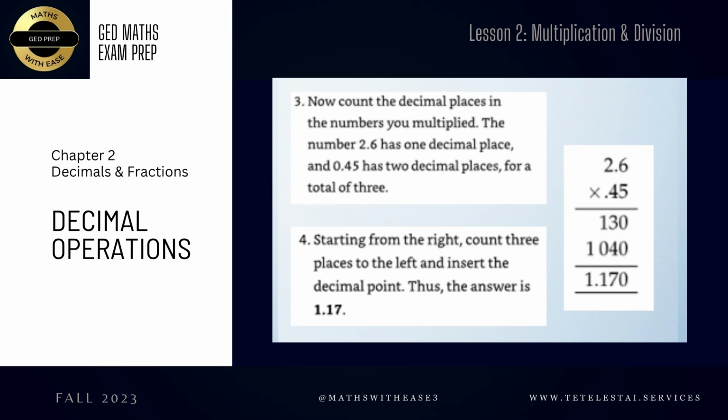Then we're going to put a placeholder under the 0 here. 4 times 6 is 24. You write down 4, carry the 2. 4 times 2 is 8, plus the 2 that we carried over is 10. Okay, draw a line under that and proceed with your addition.